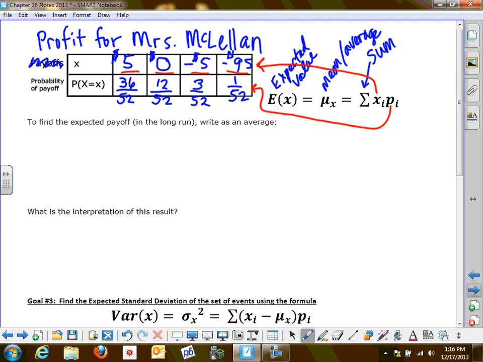You can't do this formula, I mean, it's not like you plug numbers in and boom, the calculator gives you the mean and the standard deviation. You have to do this out by hand, and then of course you can use a calculator to do the computation.